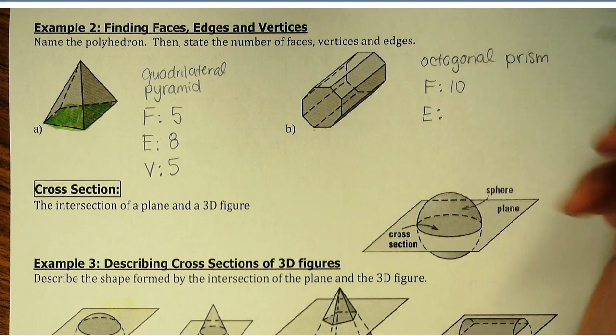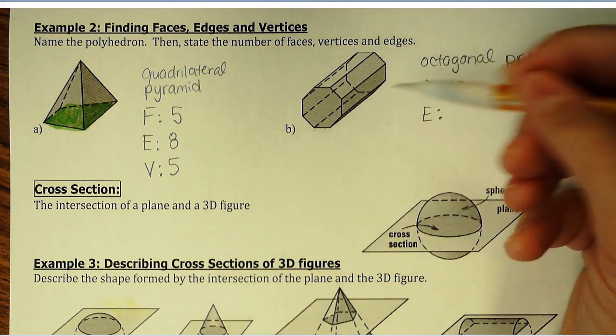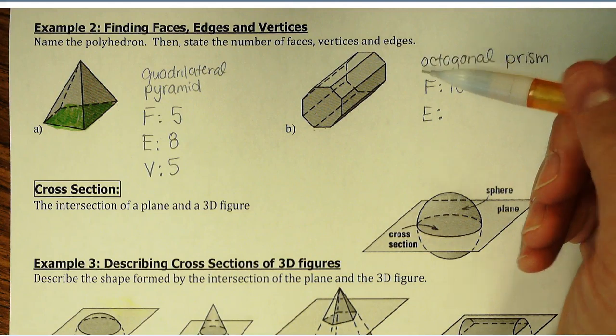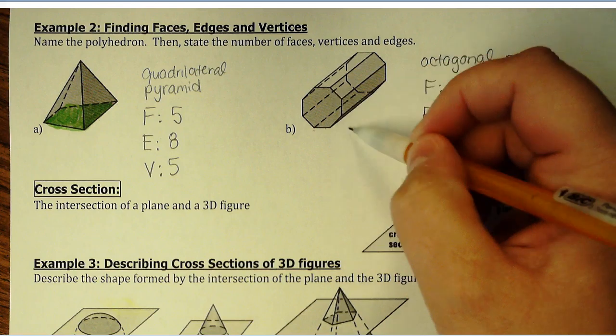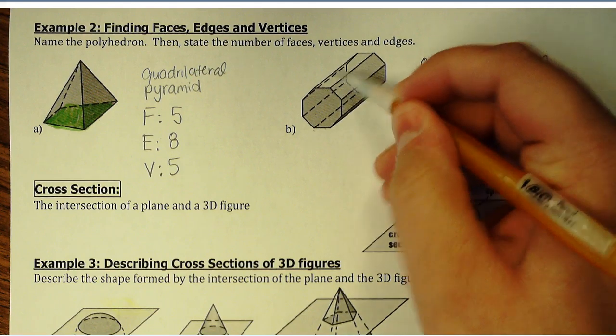Edges are the line segments, so 8 and 8 for each of the bases. And then we should have 8 line segments here going around, 1, 2, 3, 8.